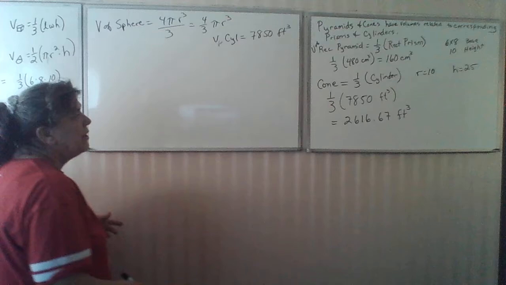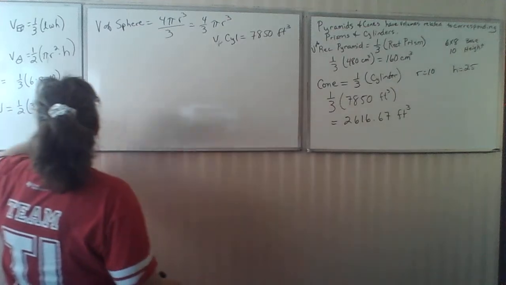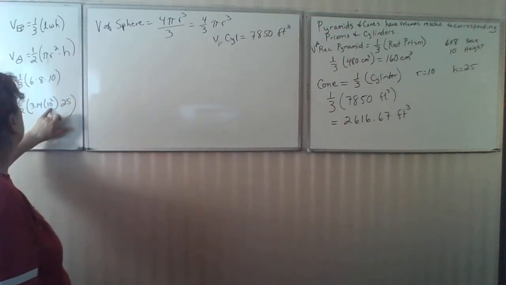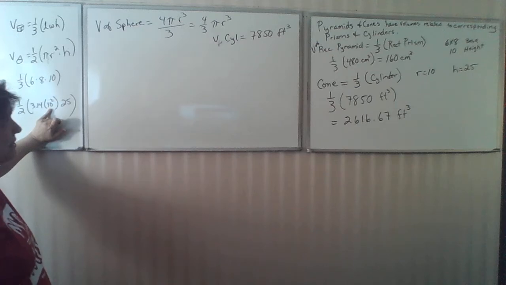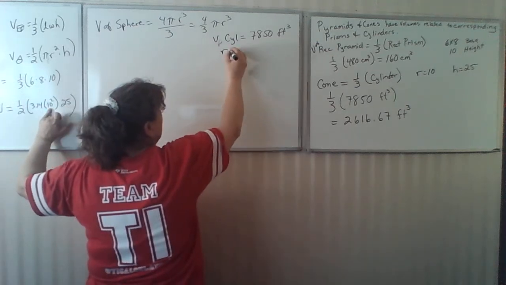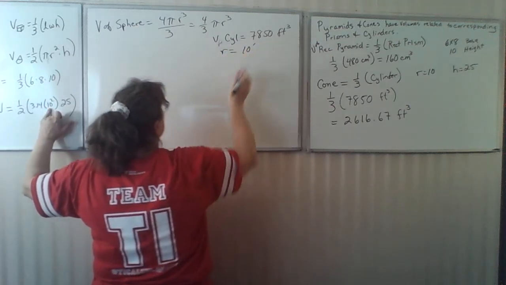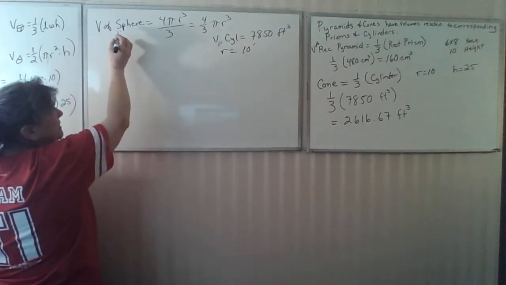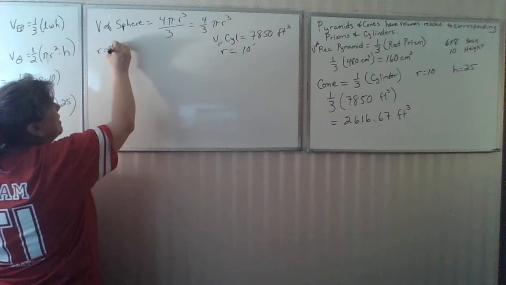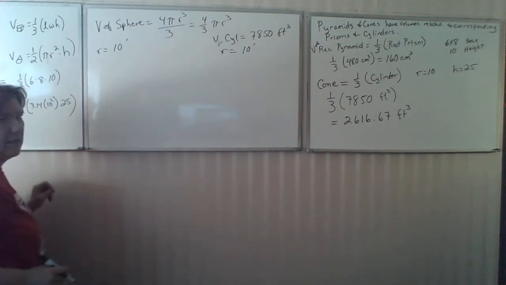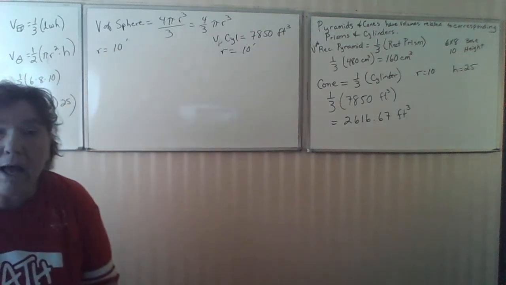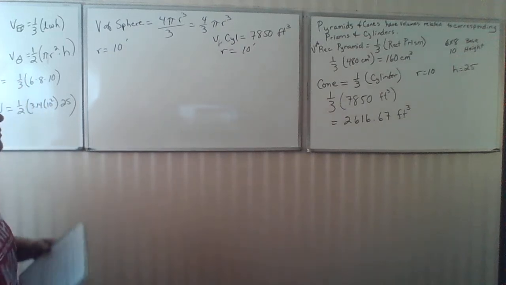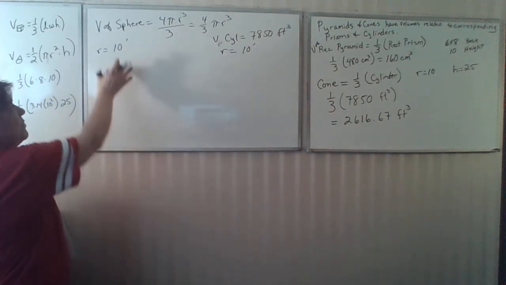Okay, so the radius of my cylinder was 10. So the r of my cylinder was 10 feet. So now that tells me that the r of my sphere is also going to be 10 feet because it has to be the same as your cylinder.